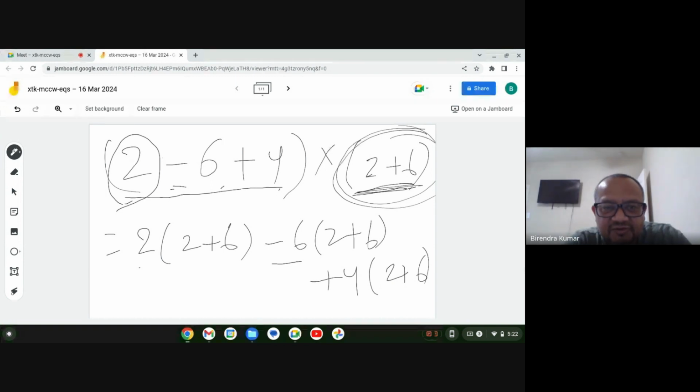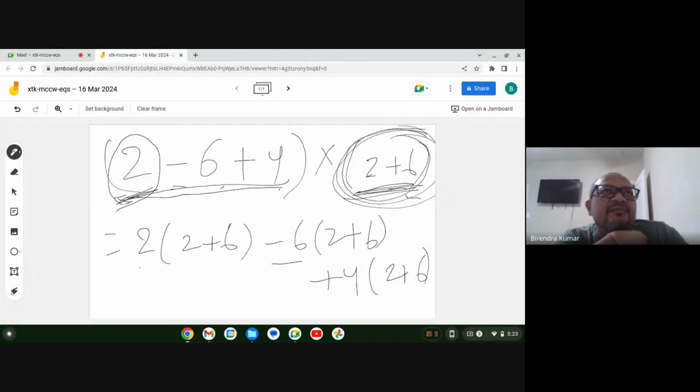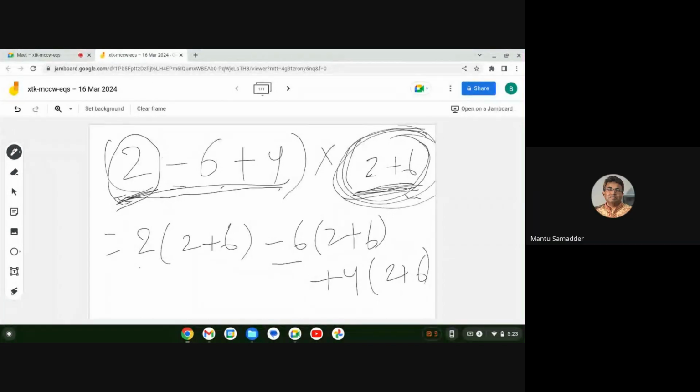So I'm just repeating myself. Whatever I had in two brackets, I picked one side of the bracket and picked up each element one by one and multiplied with whatever we had in the second bracket. If I say my wife and my two kids will eat something, I can say I will eat something, my wife will eat something, my kids will eat something.